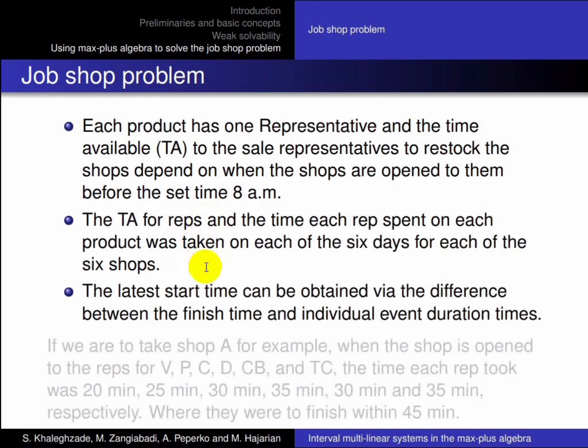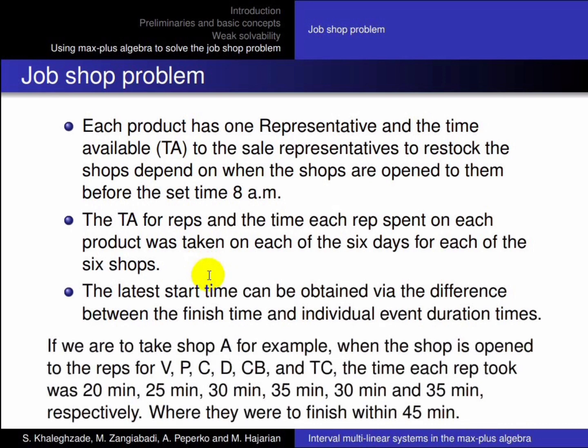The latest start time can be obtained via the difference between the finish time and individual event duration times. If we take shop A, for example, when the shop is open to the reps for V and so on, the time each rep took was these amounts respectively, where they were to finish within 45 minutes.